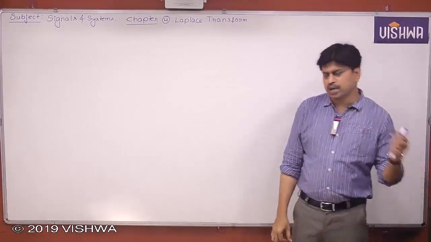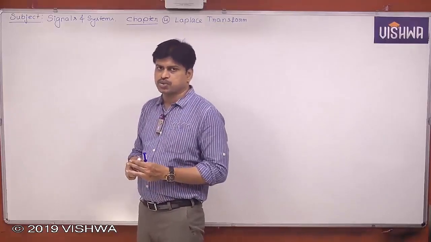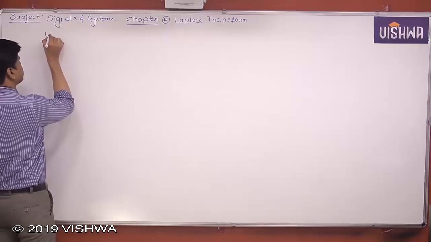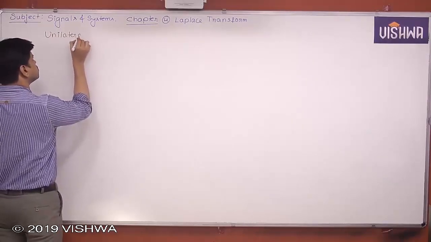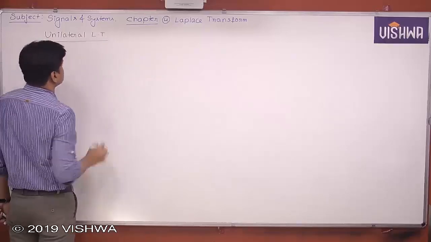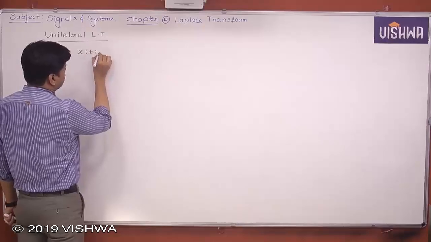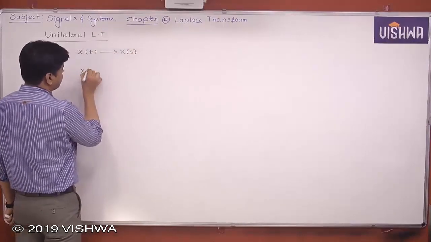With this we have completed the bilateral Laplace transform. Let's enter into the unilateral Laplace transform now. If x of t has the unilateral Laplace transform X of s, then how can we define X of s?